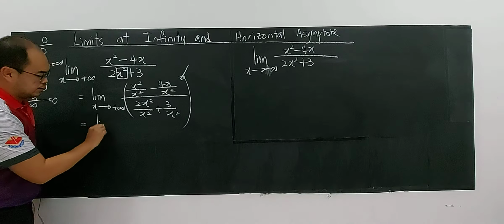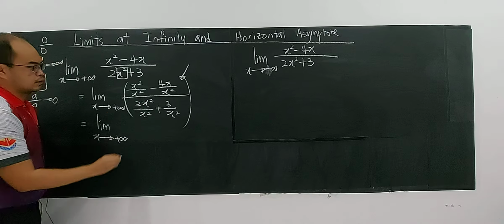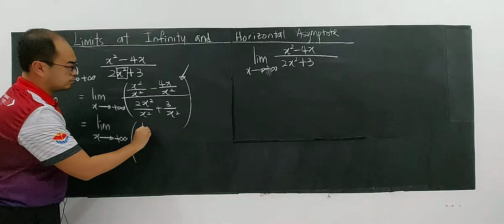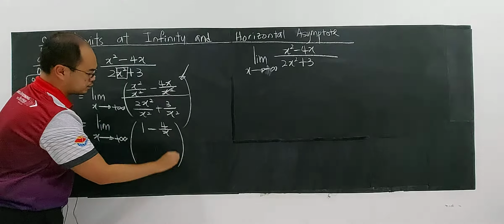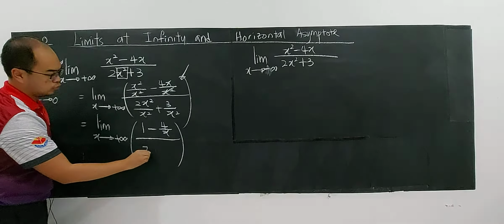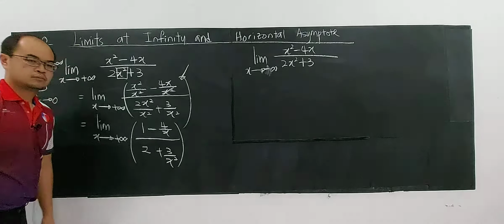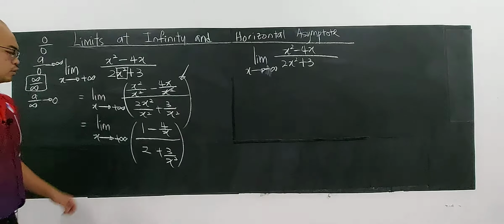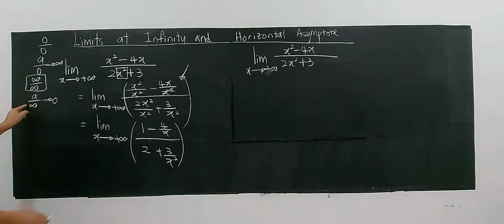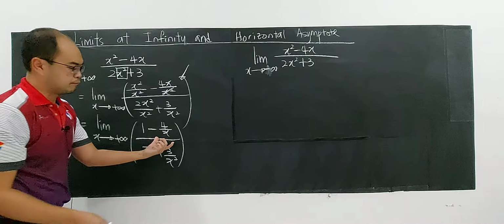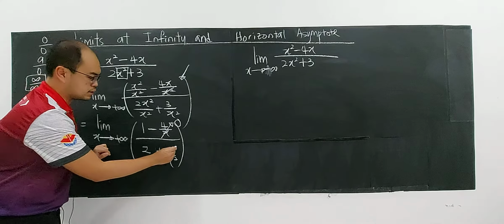Then you have the limit as x approaches positive infinity of (1 minus 4 over x) divided by (2 plus 3 over x squared). A number divided by infinity, a very big number, becomes very small, so we assume it to be 0.